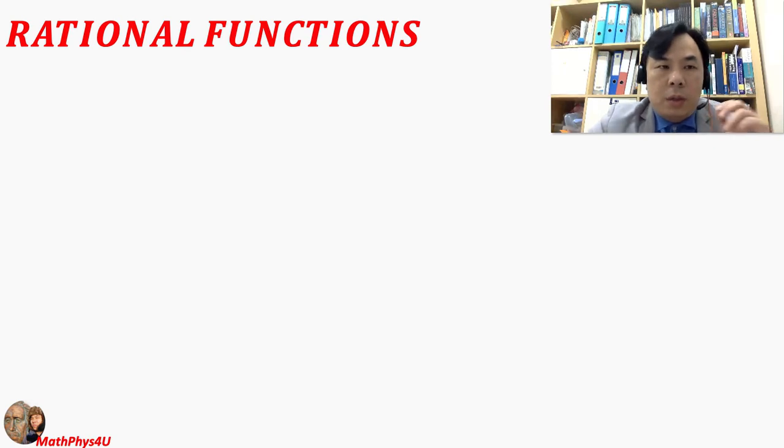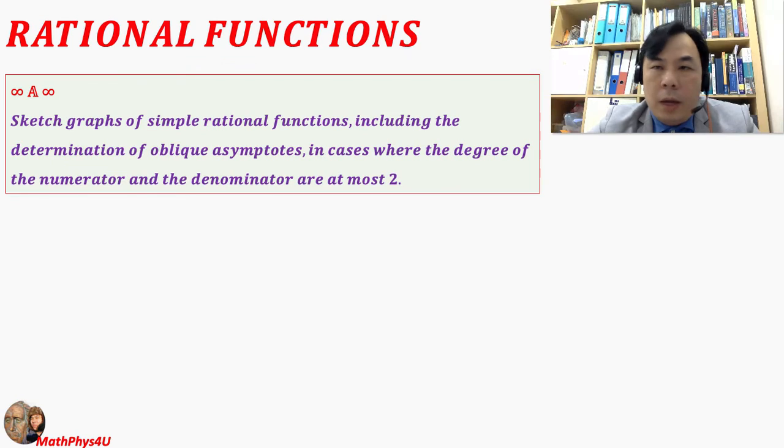Our learning objectives for this topic are, number one, A, we are going to sketch graphs of different types of rational functions, including the determination of oblique asymptotes in cases where the degree of the numerator and the denominator are at most 2.